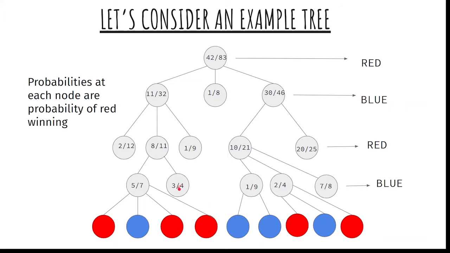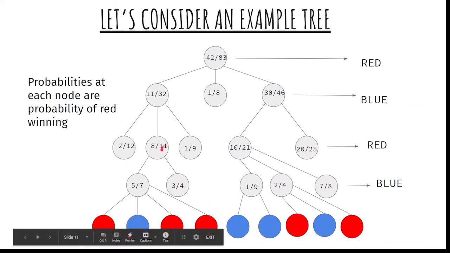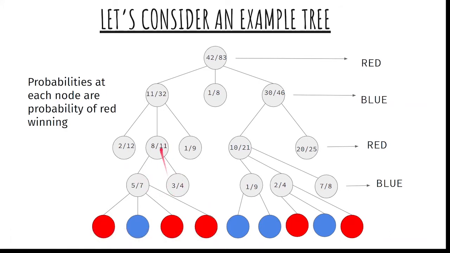Here, out of 4 games played, 3 were won by red. So now how do you determine the value of the parent? Out of a total of 7 plus 4, 11 games played, 5 plus 3, 8 were won by red. So this is how you determine the probability of the parent, and we've constructed the whole graph in this way.